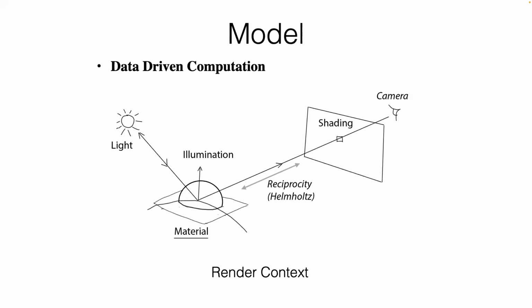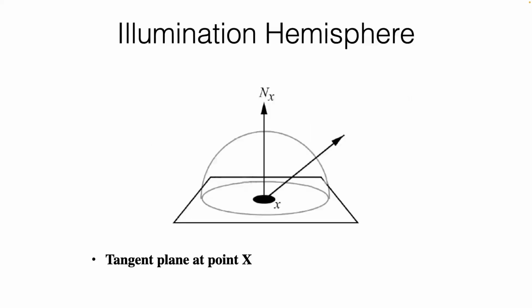For shading, we can assign values of light energy on the surfaces and project that onto the image. And there's a way to do that. For this reason, an important thing to study is the illumination hemisphere, because all the scattering we are going to deal with happens there.